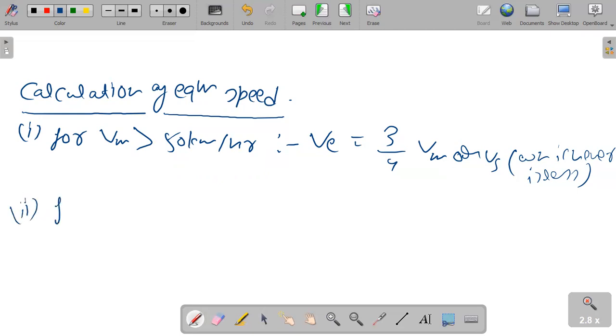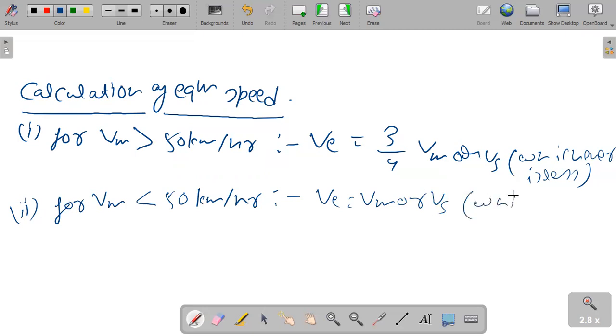For maximum permissible speed Vm less than 50 kilometers per hour, V is equal to Vm or Vs, again whichever is less.